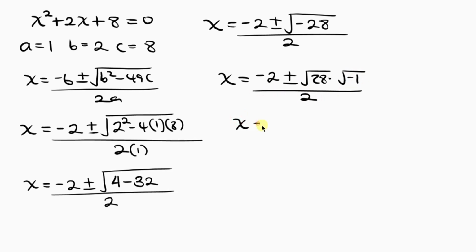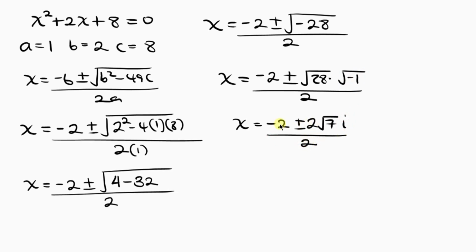Now the square root of 28 is the square root of 4 times 7. And 4 is a perfect square. So the square root of 4 is 2. But 7 is not a perfect square, so it remains inside of the square root. And now look at the square root of negative 1. The square root of negative 1 is i, all over 2.